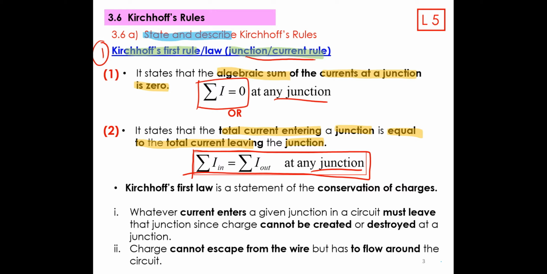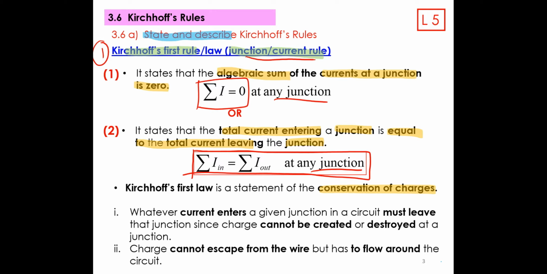Look at the explanation. First Kirchhoff's rule is a statement of the conservation of charges, because it is about your current flow. Once you have the current flow, it is about the charge in the circuit.